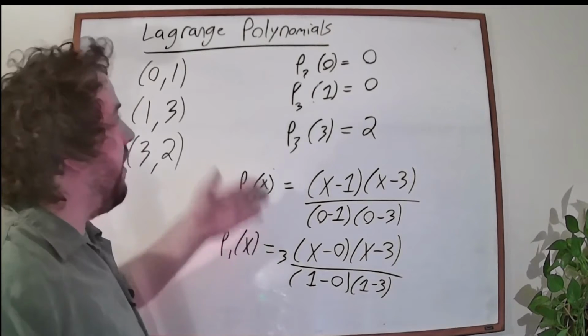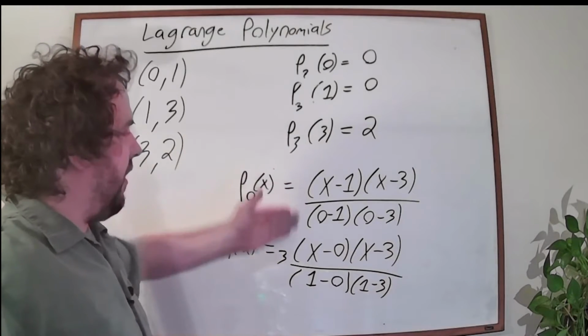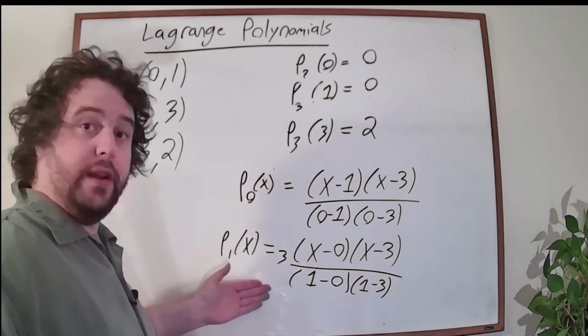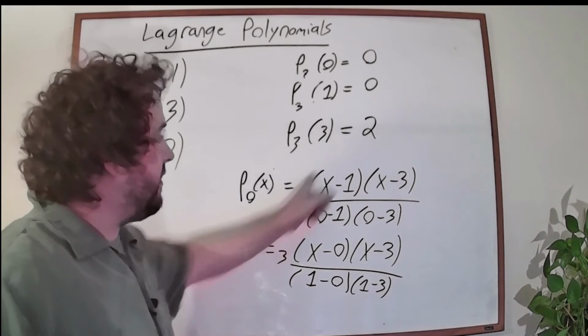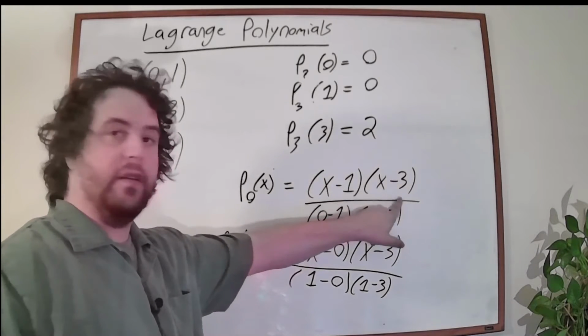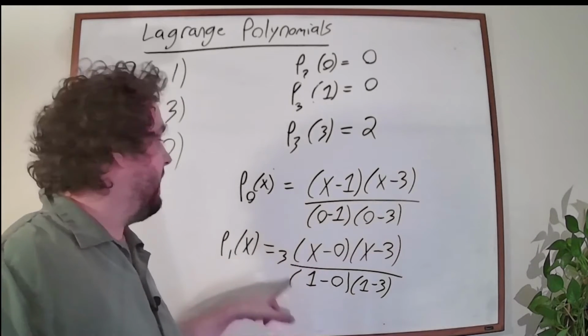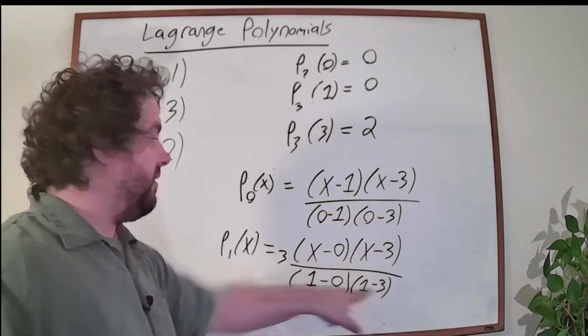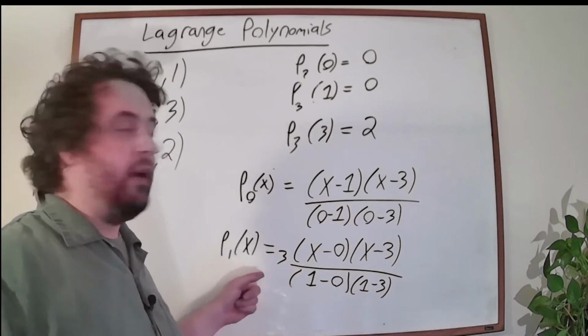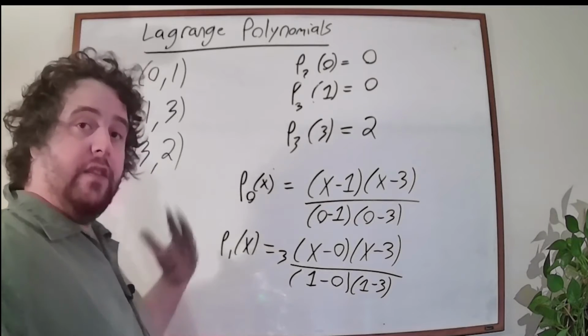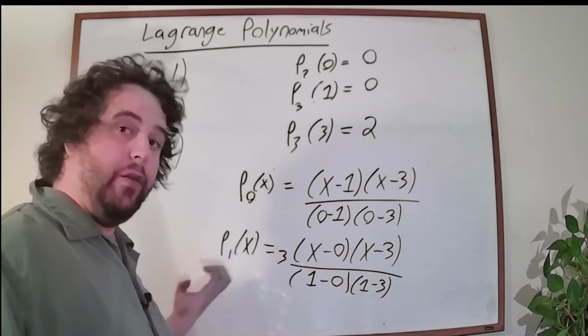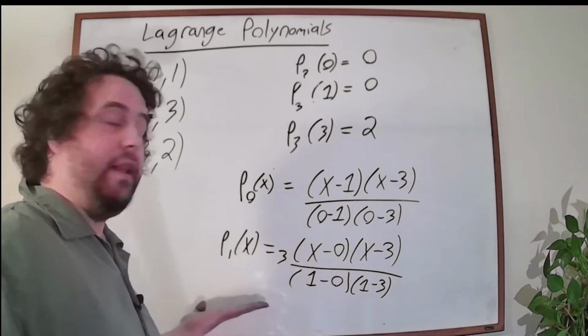And it's worth noting that these are degree 2 polynomials, right? This is a degree 2 polynomial. This is a binomial times a binomial divided by a number. This is a binomial times a binomial divided by a number times a number. And then P3 is also going to be another binomial times a binomial divided by a number.